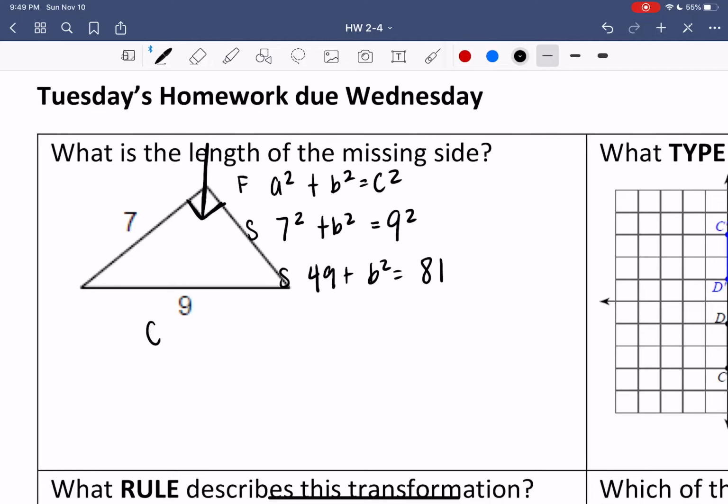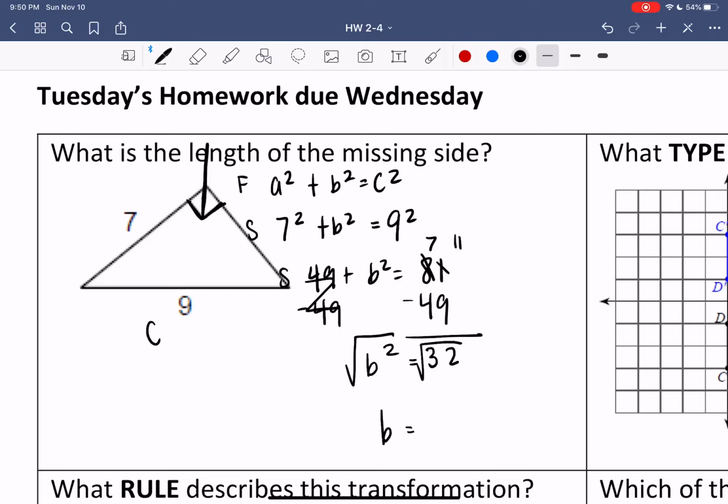And then from there, I can go ahead and subtract 49 from both sides. And I will be left with b squared equals 32. And then making sure that we take the square root of both sides before we finish our problem.